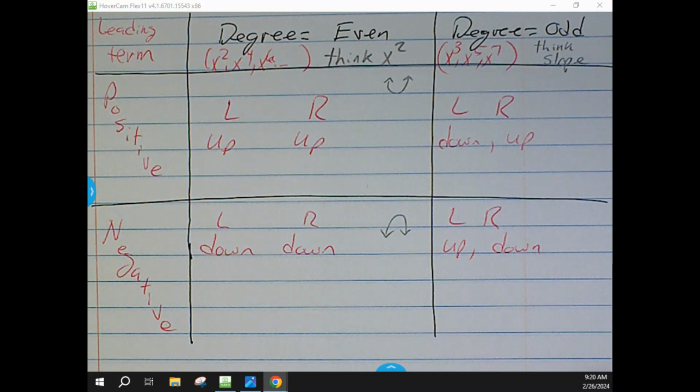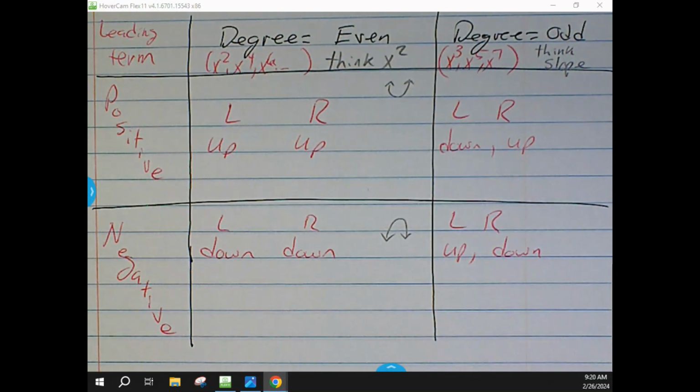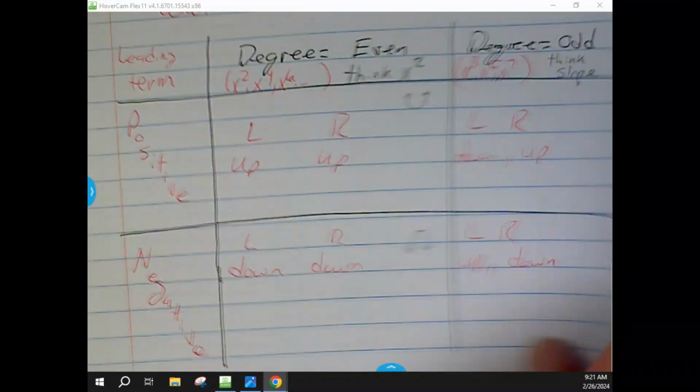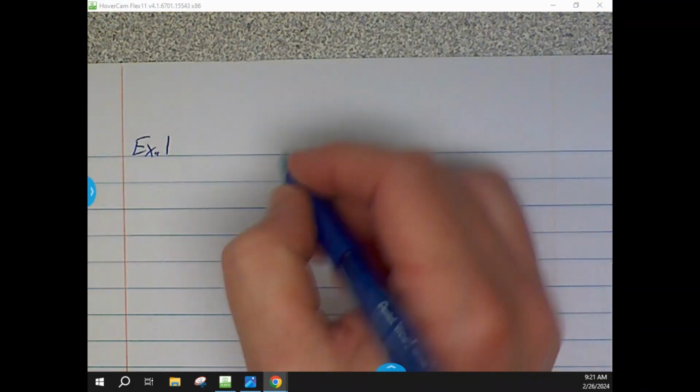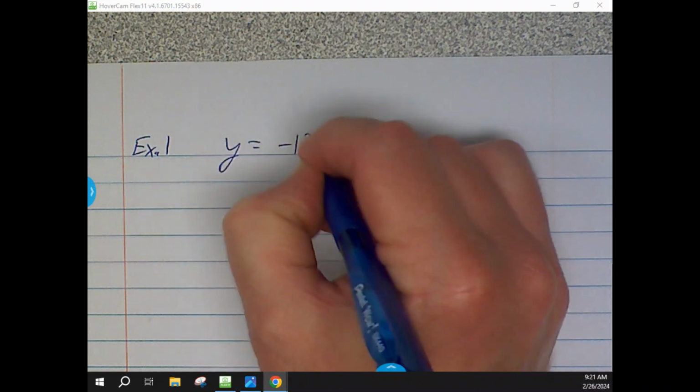Okay, so when we're doing these examples, that's your four choices. It's either up, up, down, down, up, down, or down, up. All right, so here we go. Here's one example to look at. And these are all really short because there's not a long answer that goes with it.